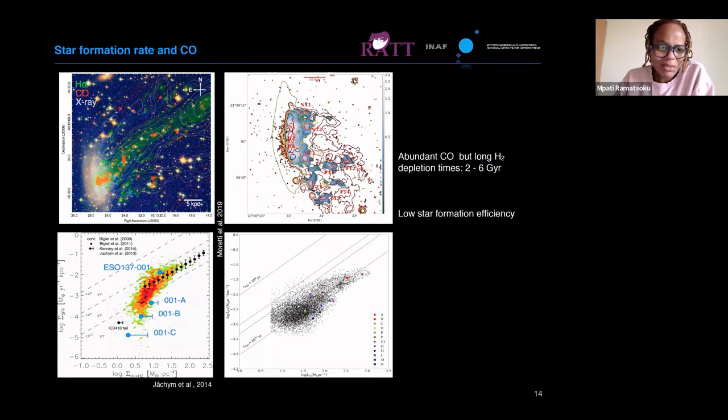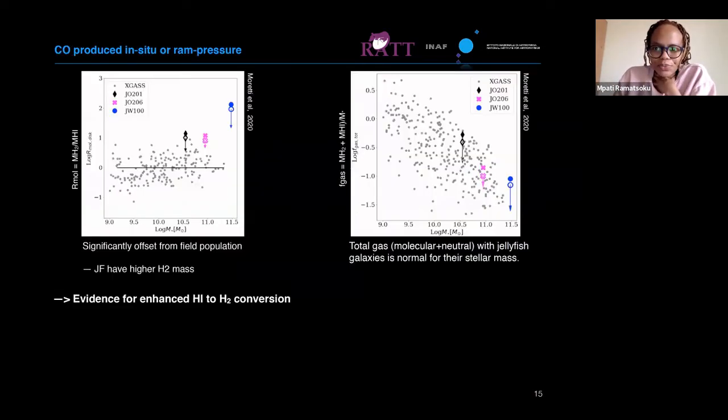And this is seen in this example over here. This is ISO 137001, and this is J100, where if you compare the star formation rate and the total H1 and H2, this galaxy seems to just be normal, basically. They look like any other galaxy sitting out there in the universe. And once again, when we look at the H2 fraction as a function of stellar mass, instead of lying below it, like we saw with H1, they lie above.